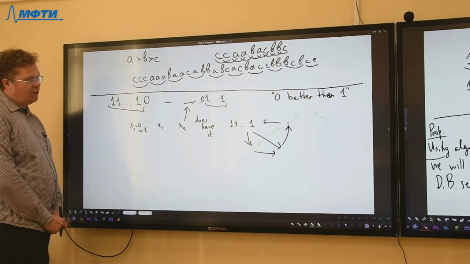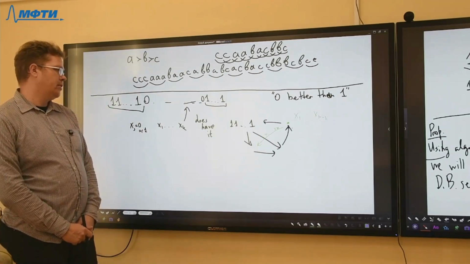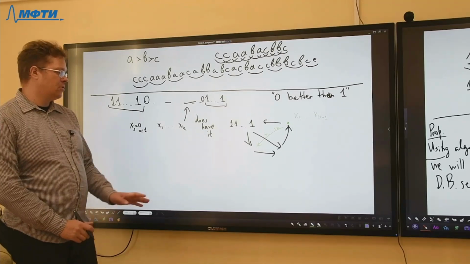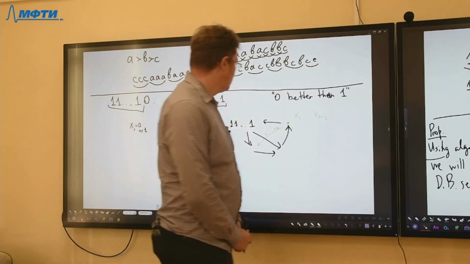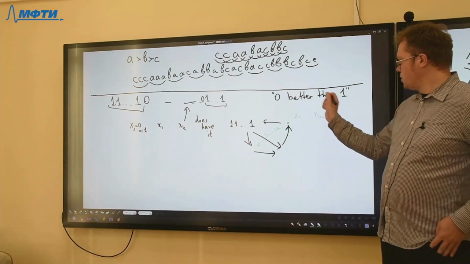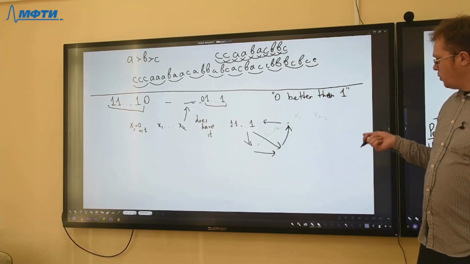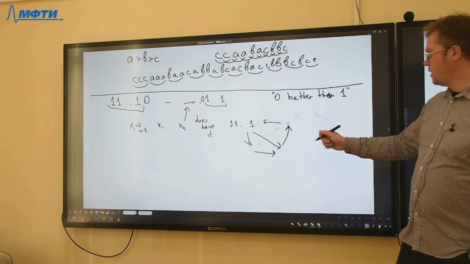So we have exactly two options here. Either we do not pass through this vertex at all, so we do not get here using this algorithm, or we were only once here, and this means that xk is equal to 1.